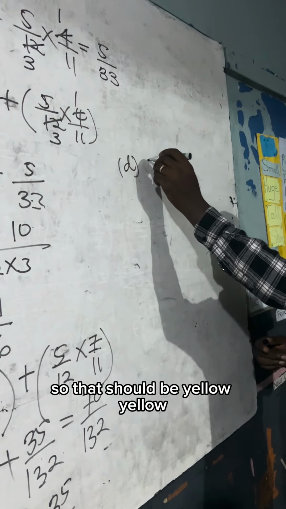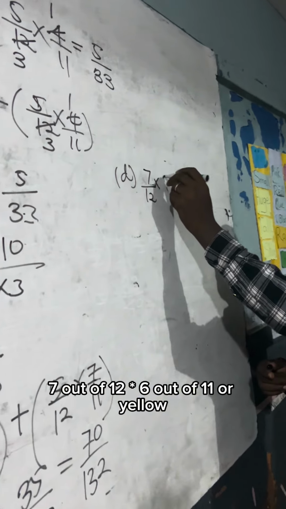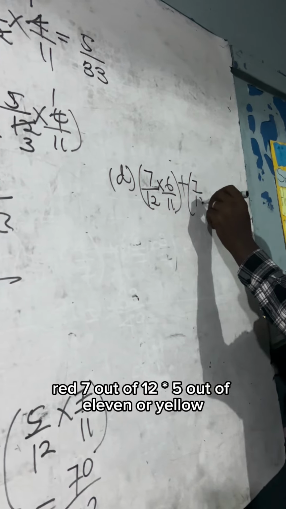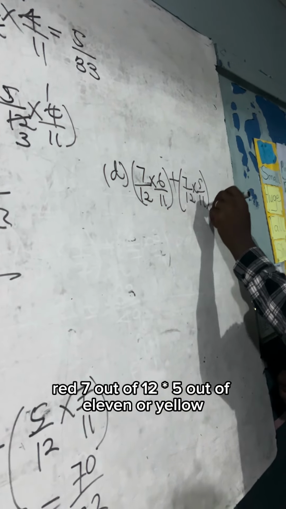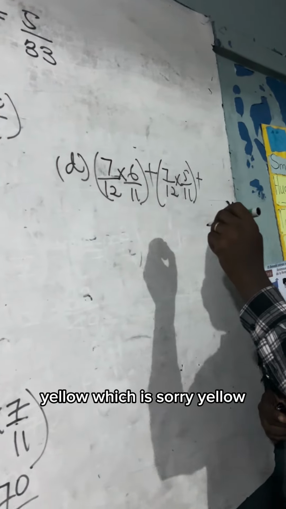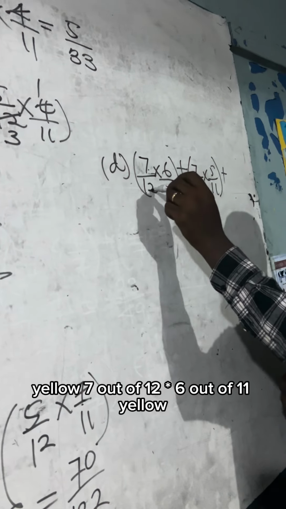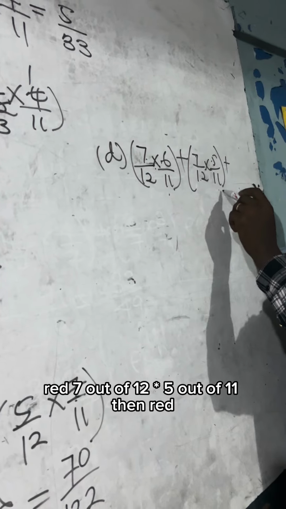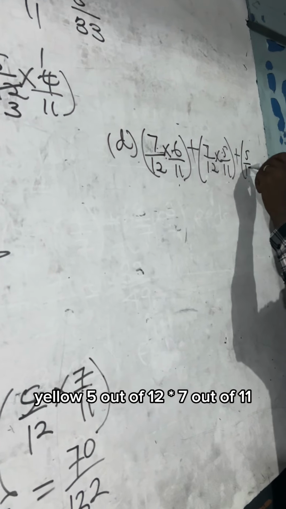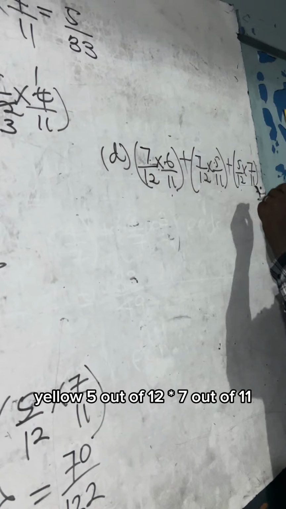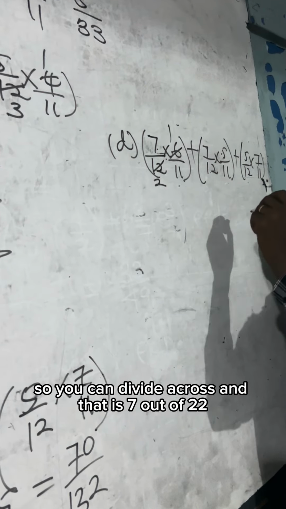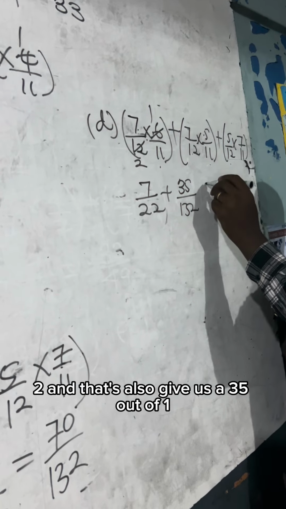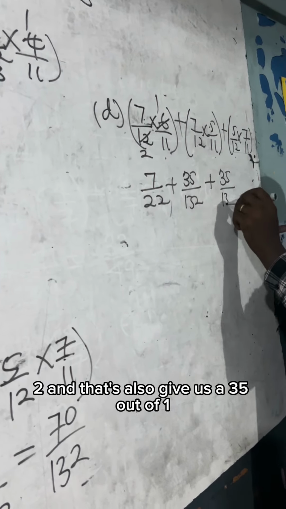So that should be yellow yellow, 7 out of 12 times 6 out of 11, or yellow red, 7 out of 12 times 5 out of 11, then red yellow, 5 out of 12 times 7 out of 11. So you can divide across, and that is 7 out of 22. This is 35 out of 132, and that should also give us 35 out of 132.